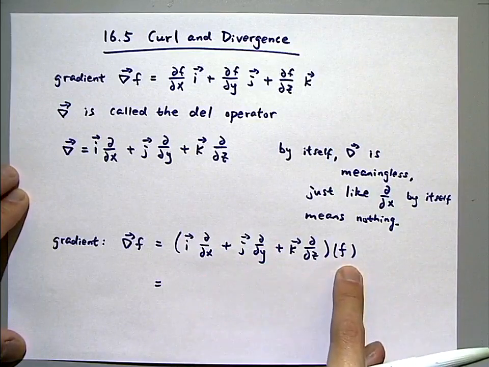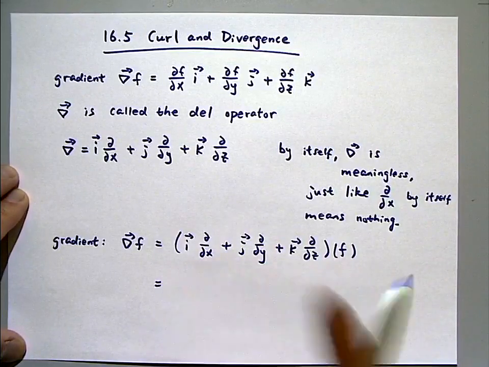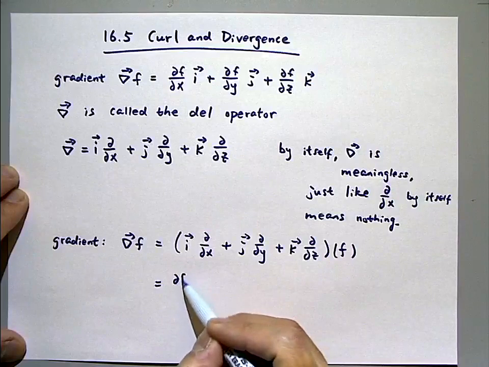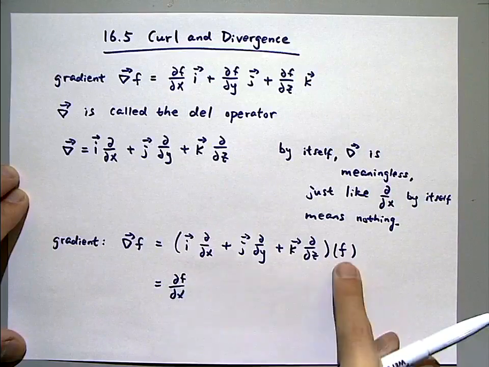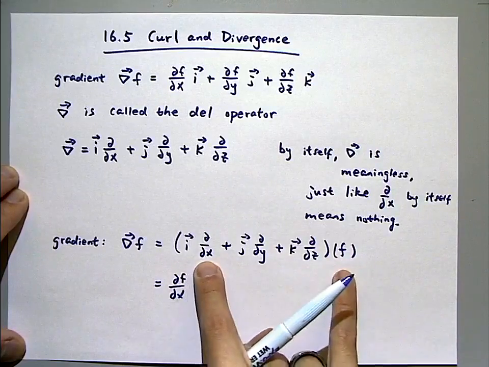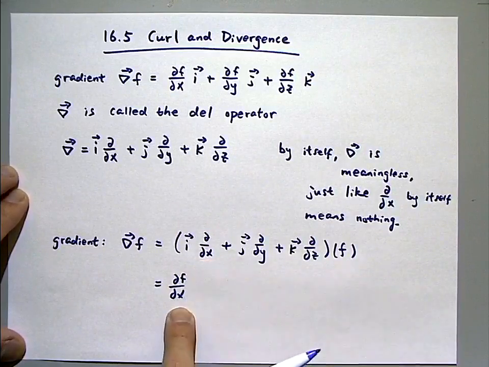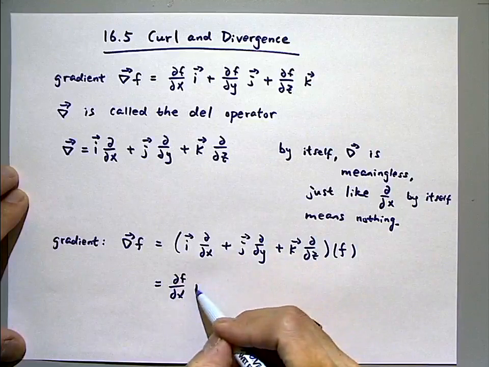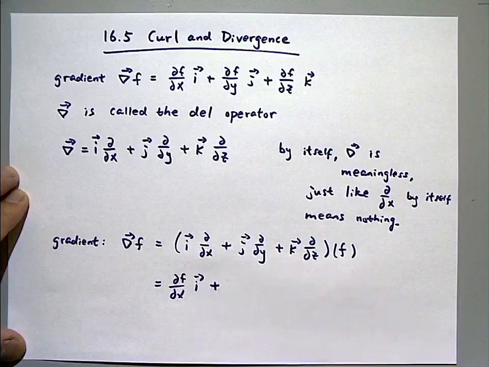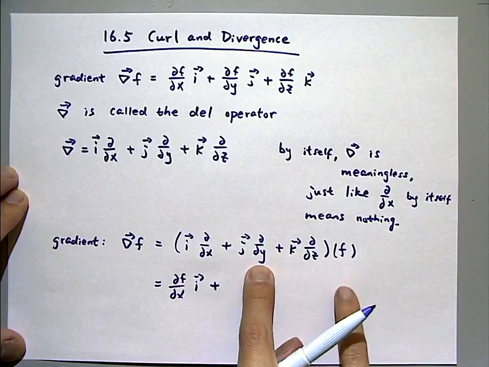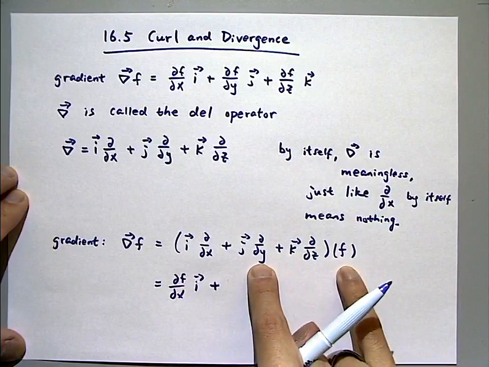So when you multiply this together, the i component becomes partial f, partial x, right? This guy and this together, now they have a meaning when they are put together, partial f, partial x, and that goes in the i component. Same thing with this, partial y and f together gains a meaning.